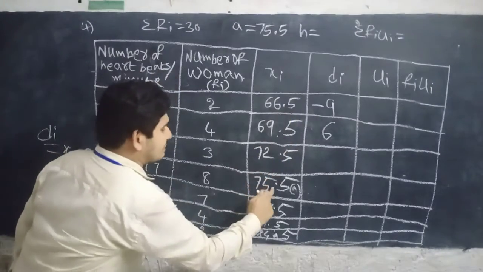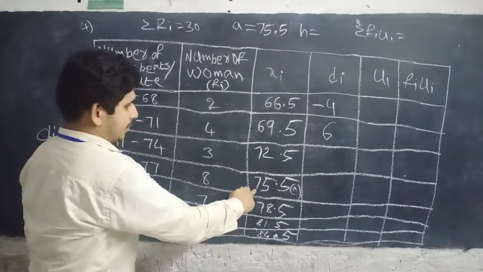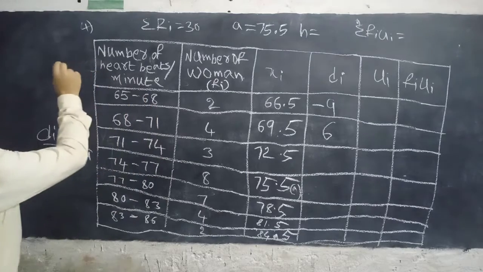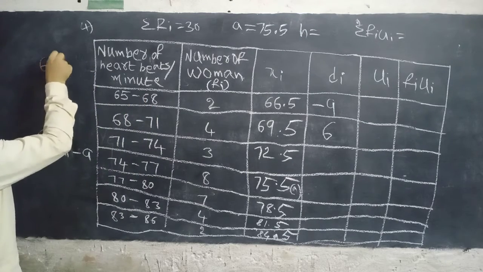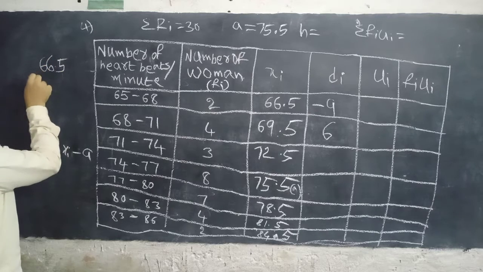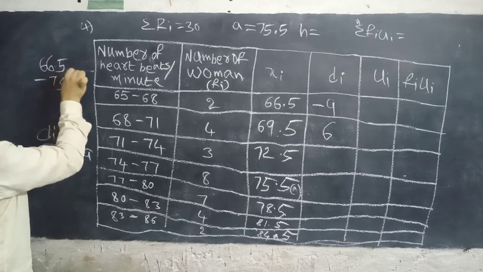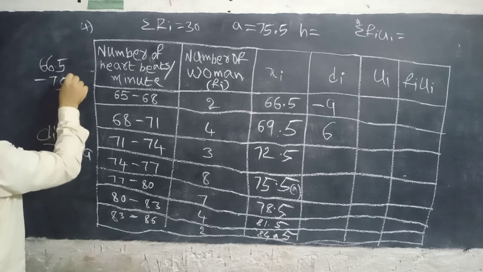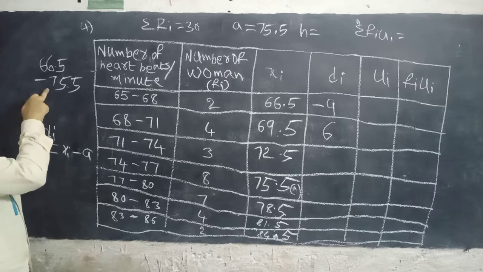In this, the number is smaller than 75.5, so it is a minus number.